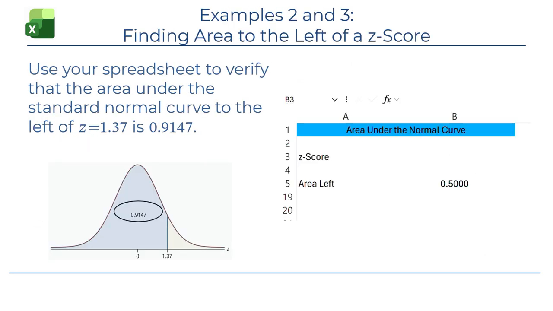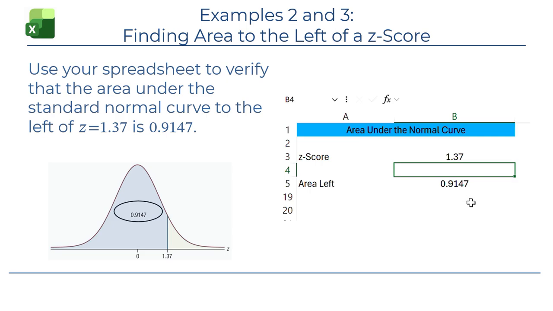Let's take a look at two more examples. Example 2, use your spreadsheet to verify that the area under the standard normal curve to the left of z equals 1.37 is 0.9147. So we're going to enter the z-score of 1.37, and we can see that this is what we would find. The area to the left does, in fact, equal 0.9147.